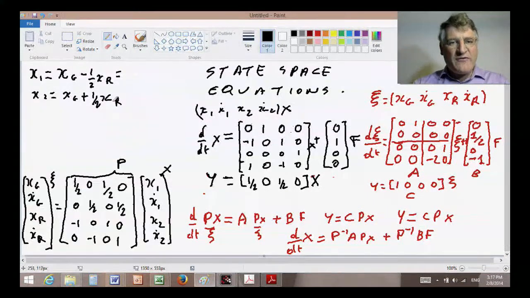Okay, x2 is 1/2 part of xr away from xg to the right, thus the plus, and this one is xg minus 1/2 of the distance to the left, thus the minus sign.